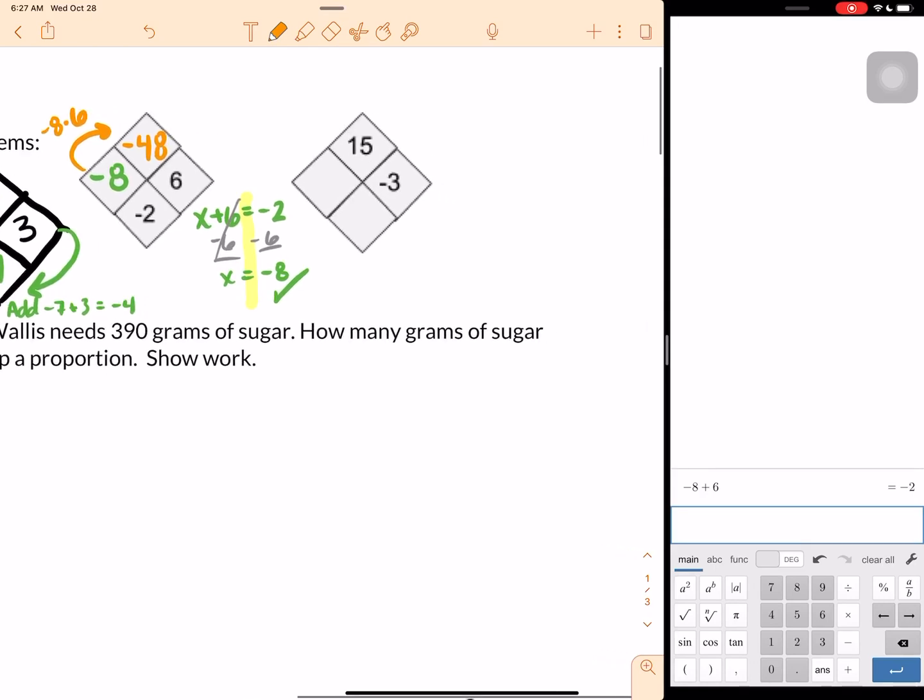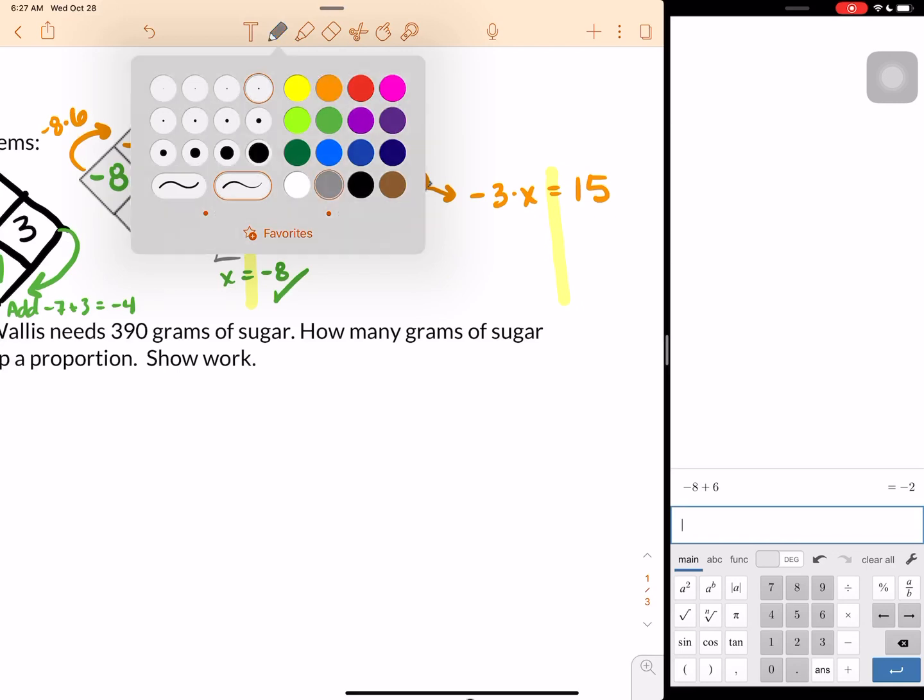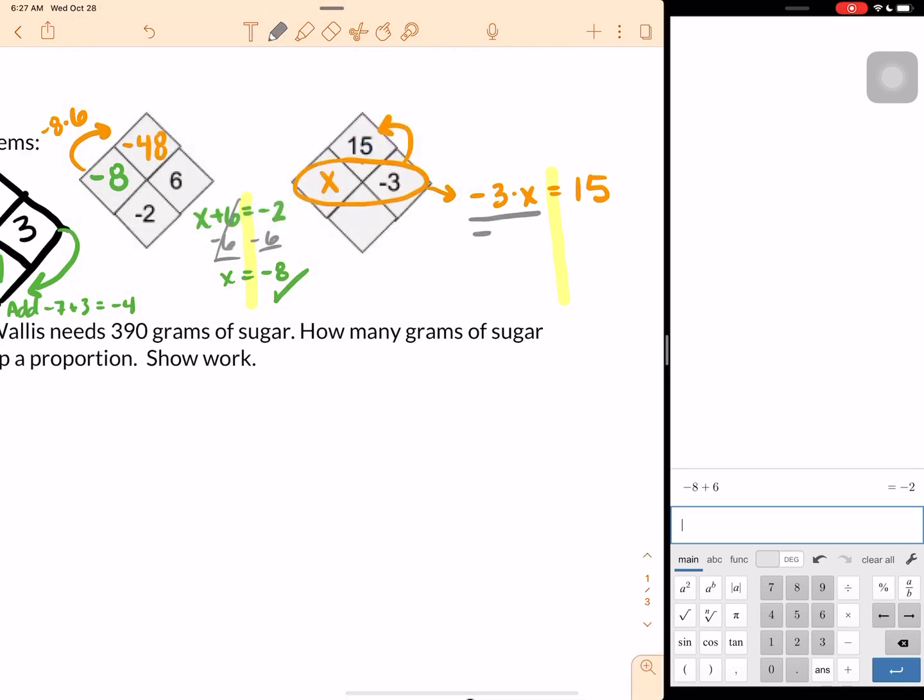Okay. So now we can do the same thing over here. However, this time this x that we're trying to find, I multiply x times -3 to get 15. So my equation will look like -3 times x equals 15. We can do the exact same thing. This is a one-step equation. In order to get the x by itself, we need to divide both sides by -3, just like that.